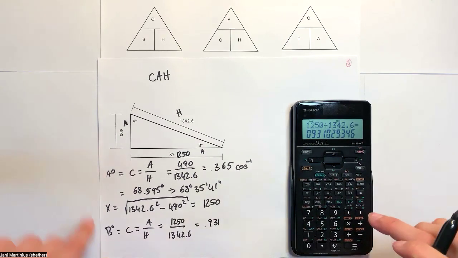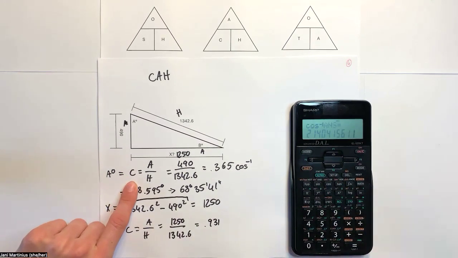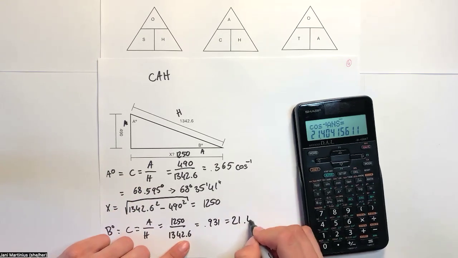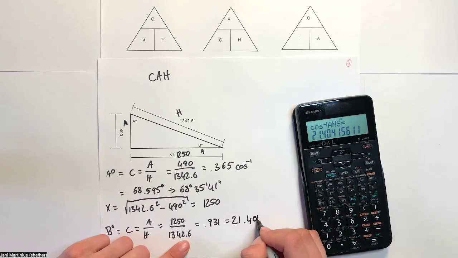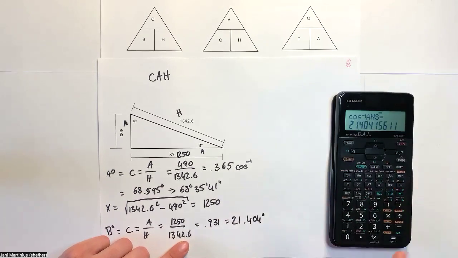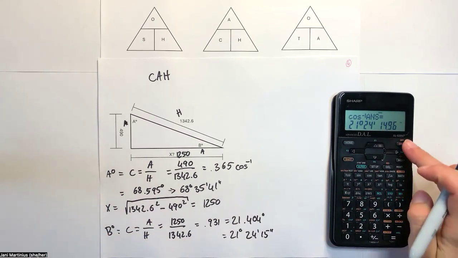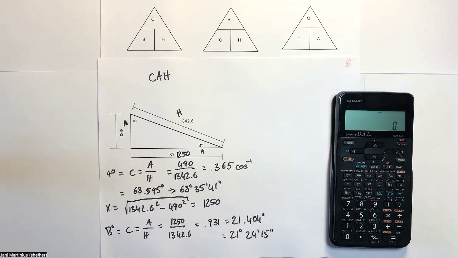Second function, and we're within cosine, 21.404 degrees. And if we press second function and DMS button, it gets us the 21 degrees, 24 minutes, and 15 seconds. And that is it.